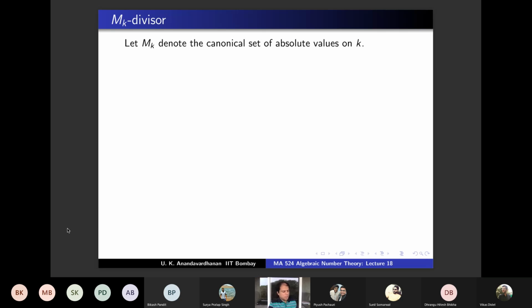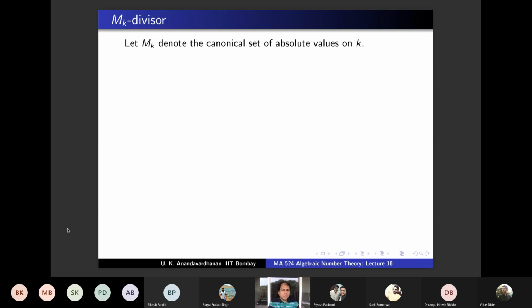Then you have the non-Archimedean absolute values. You take the ring of integers, which is a Dedekind domain, and you take a prime ideal, and that prime ideal gives rise to an absolute value. Those will be the non-Archimedean absolute values, the discrete absolute values.